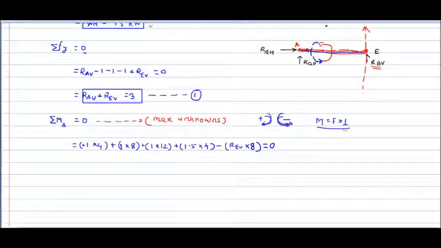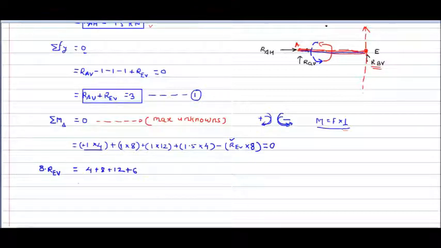Now all these forces we have just listed. Now simply simplify this equation. In this equation only one unknown is there, that is RE vertical, so we can get this value. So I can simplify this equation as 8 into RE vertical is equal to, taking this to the other side, 4 into 1, 4 plus 8 plus 12 plus 1.5 into 4, that is 6.